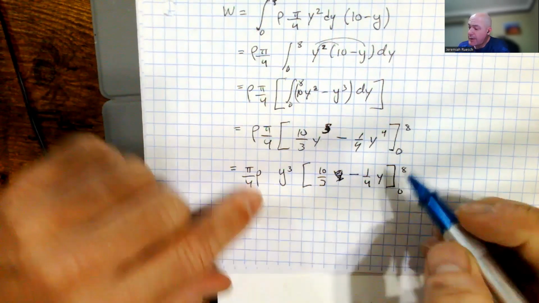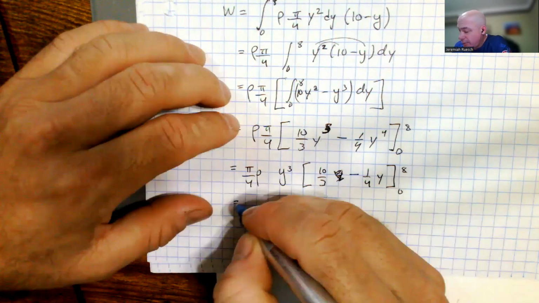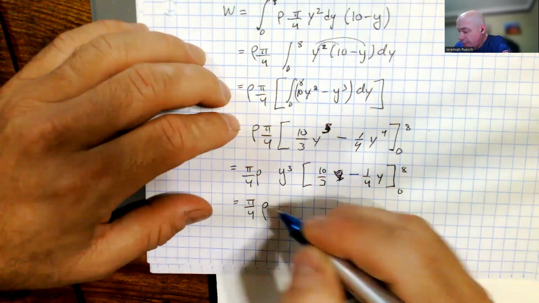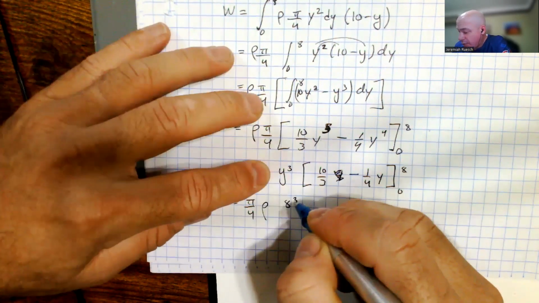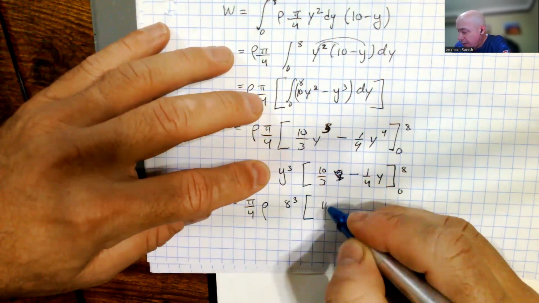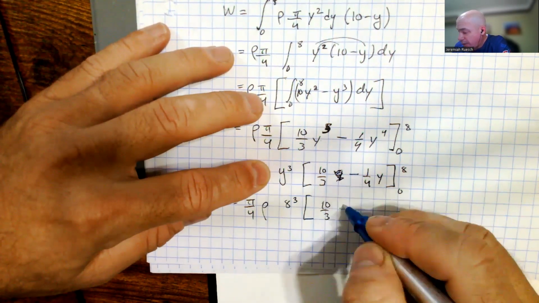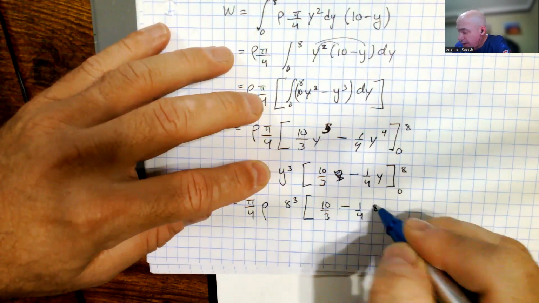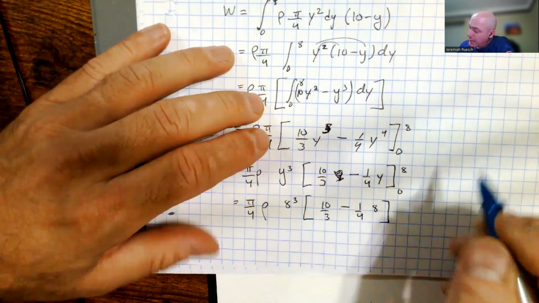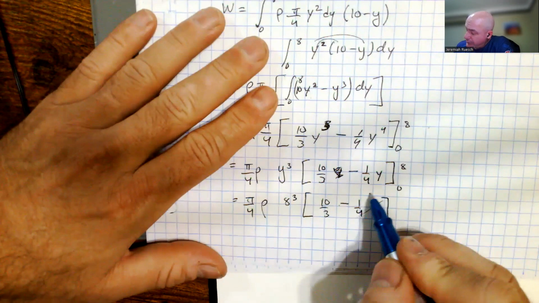Now I can plug in: pi over 4 rho 8 cubed times 10 over 3 minus 1/4 times 8. What is that? 2.